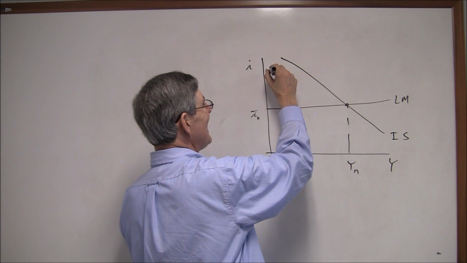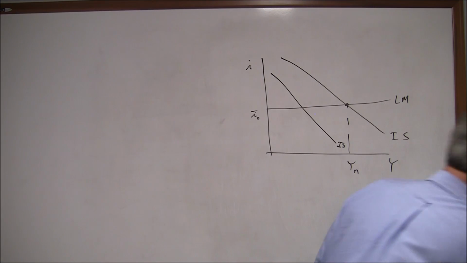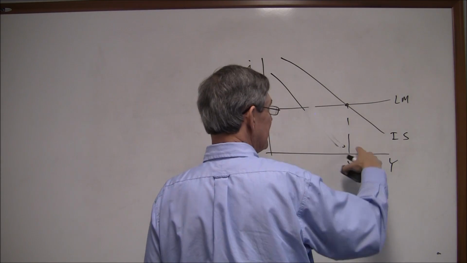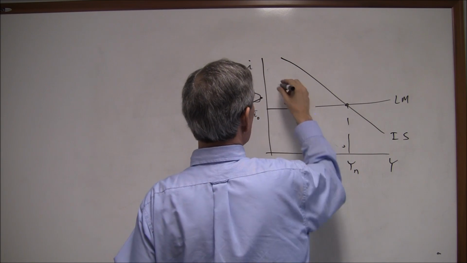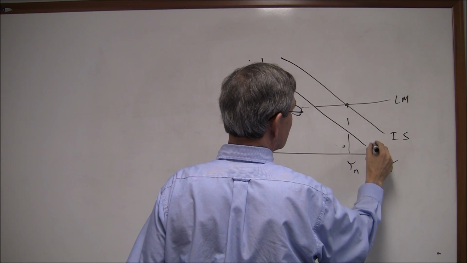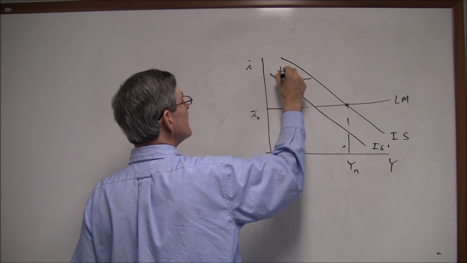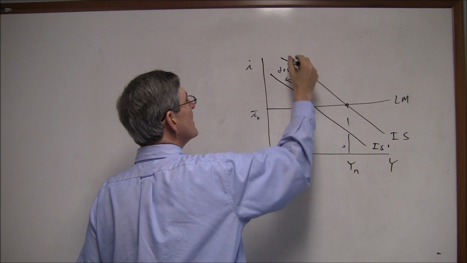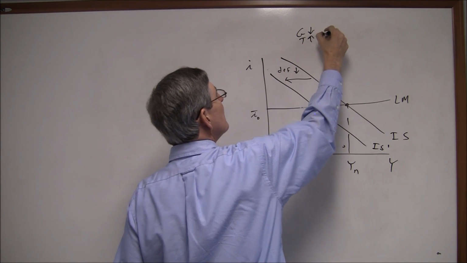So when it does that, the IS curve will shift in. So it'll shift in when the deficit goes down, either because government spending went down or taxes went up.